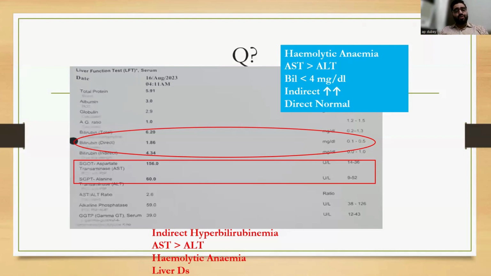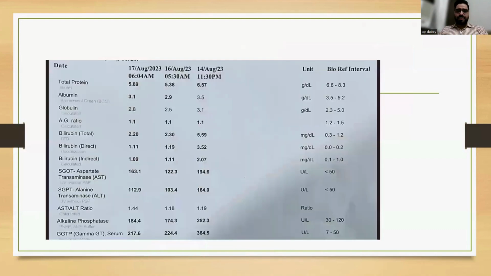This patient, though having hemolysis, will also have pre-existing liver disease. That's why the serum bilirubin has risen to more than 6, and the direct fraction is also raised apart from the indirect fraction.